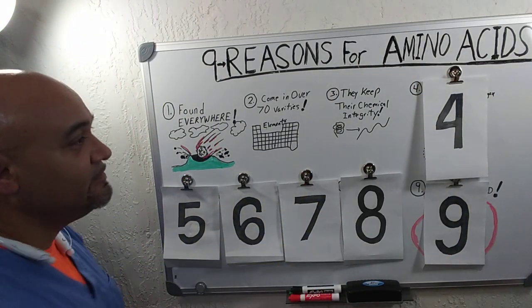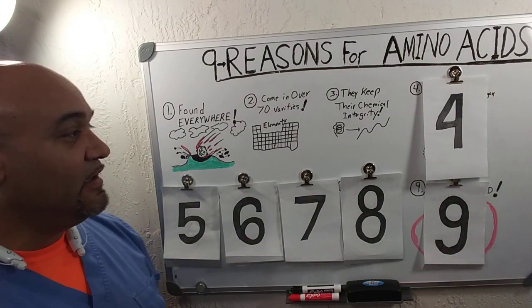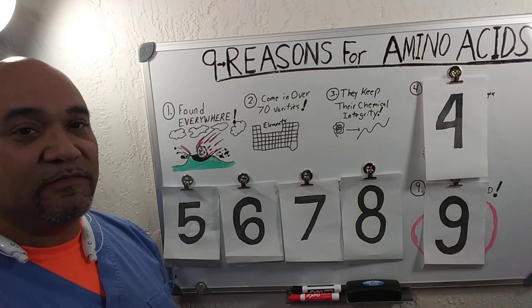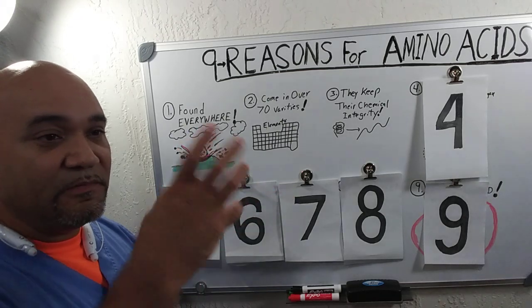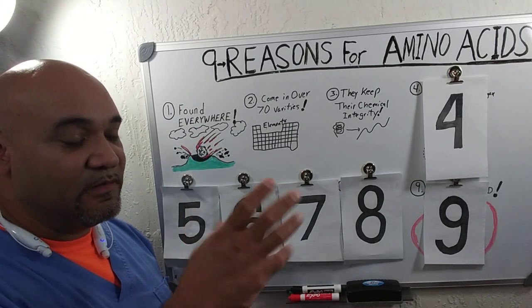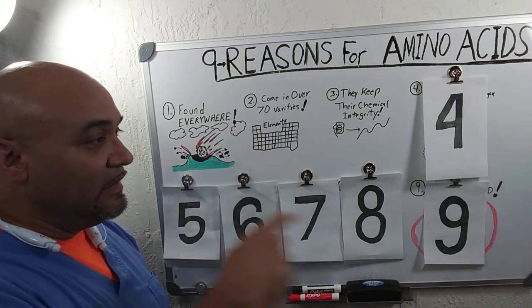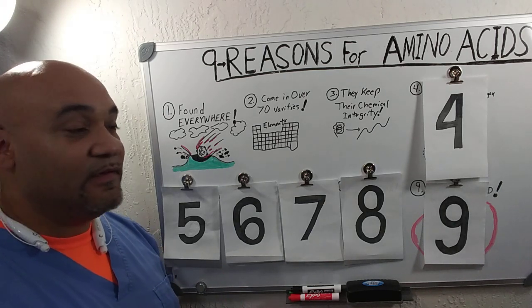Reason number 3, amino acids keep their chemical integrity. Now, life uses amino acids in proteins, and proteins we know are just globs. They form multiple structures, and they wrap themselves around the chemical products that they modify.